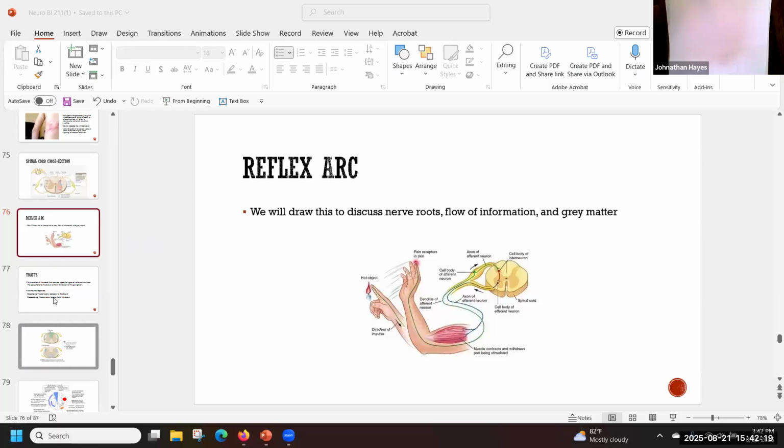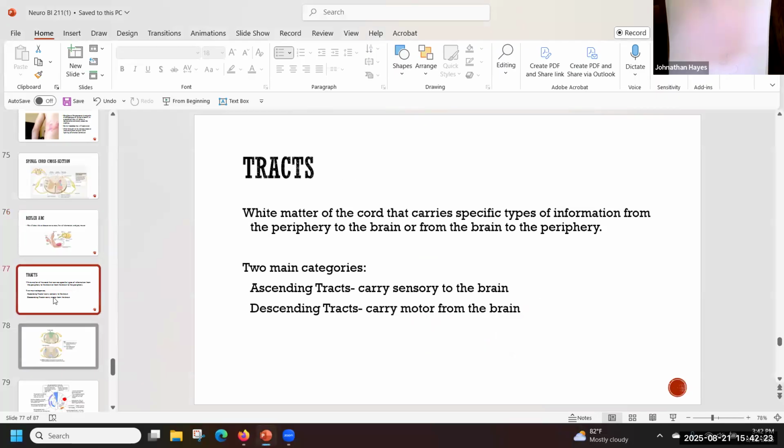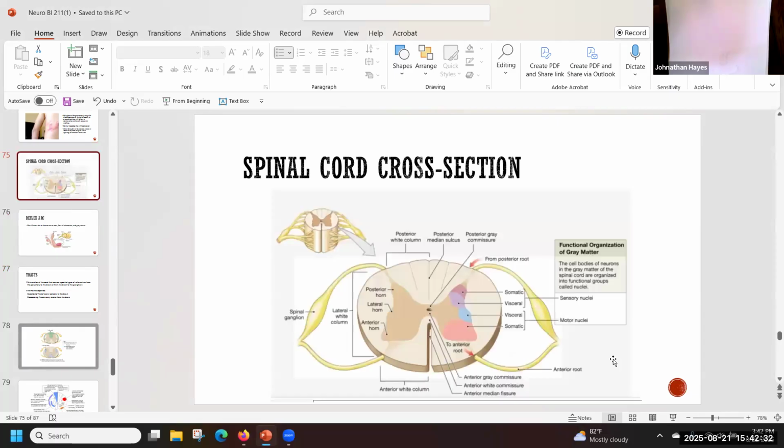But the next step we had gotten to after that, that made it a little bit more complicated, is that there are other places we need to communicate with as well. The cord can't make all the decisions. So a lot of times what ends up happening is I'll send a signal from, say, the body to the cord. From the cord, it goes up to the brain to be processed, and it's going to have to go up along what's called a tract.